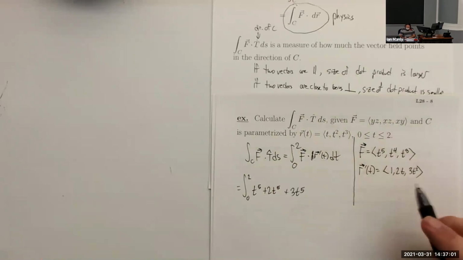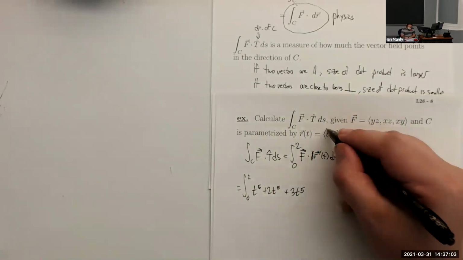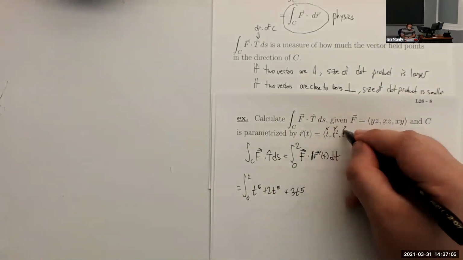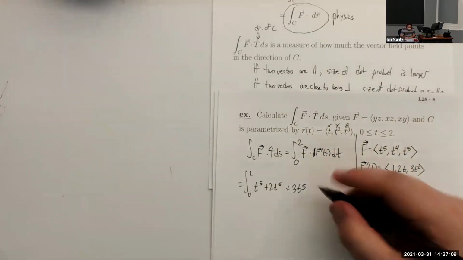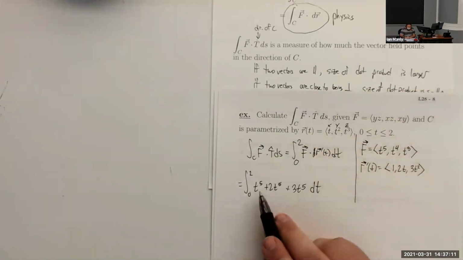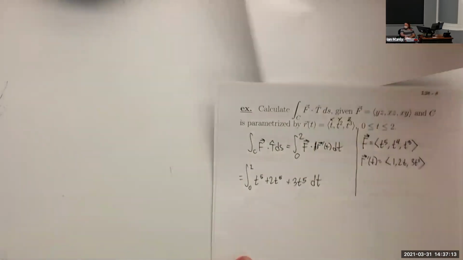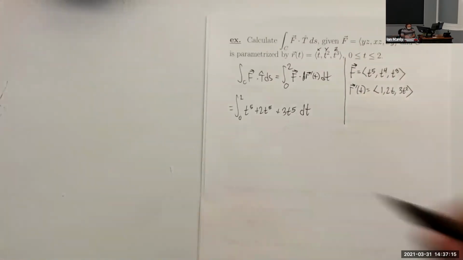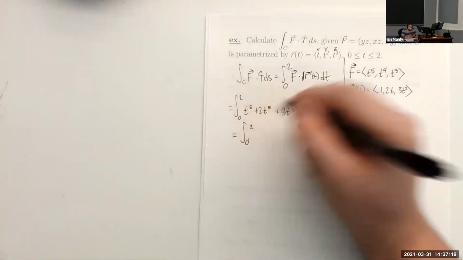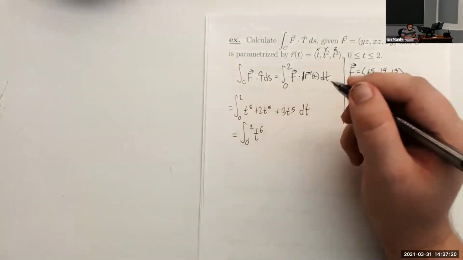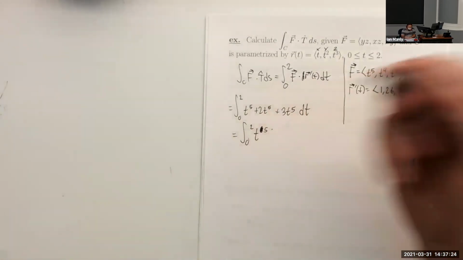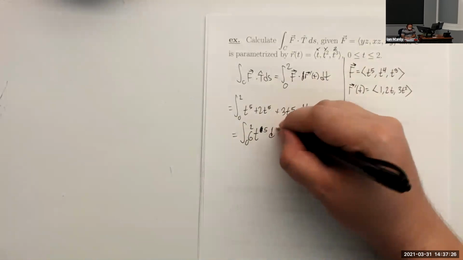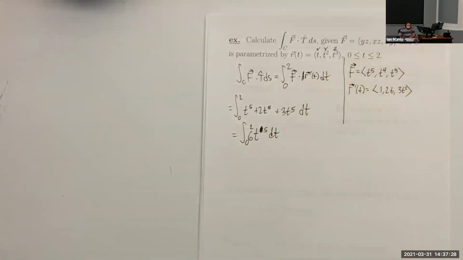How did I get f? Well, I took that this was x, this is y, and this is z, and I substituted it over here. Okay, now all of these are t to the 5th, so there's no reason why I can't combine all of these together. So this is the integral from 0 to 2 of 6t to the 5th dt.